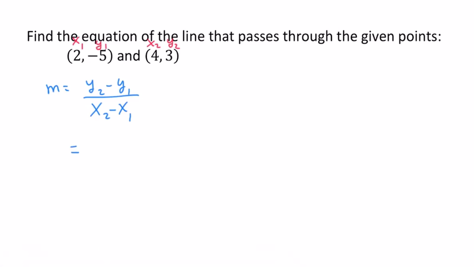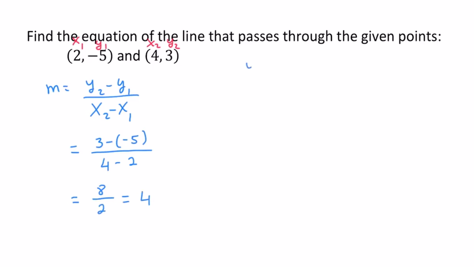So y2 minus y1, so that is 3 minus a -5 over x2 minus x1, so 4 minus 2. 3 minus a -5, so that is 3 plus 5, so we have 8 over 4 minus 2, which is 2. 8 over 2, so we have 4. So the slope is 4.